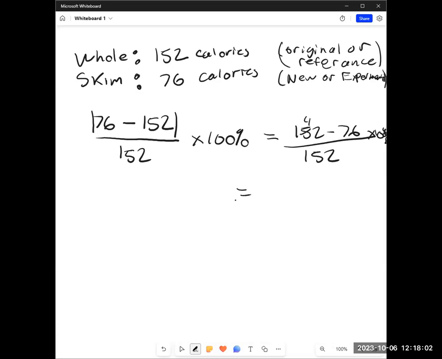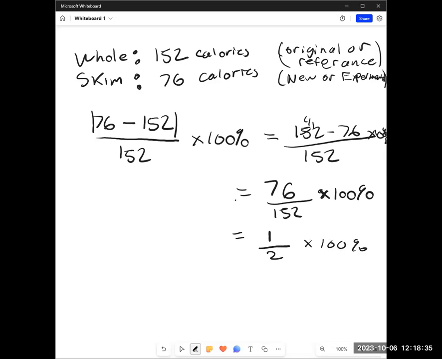So that's going to be 12 minus 6 is 6, 14 minus 7 is 7. So there's twice as many calories in whole milk as skim milk, according to this problem. So 76 goes into 76 one time and into 152 two times, 100%.